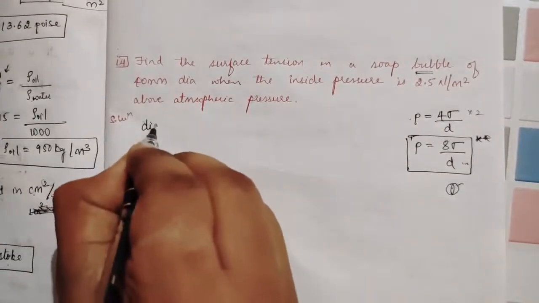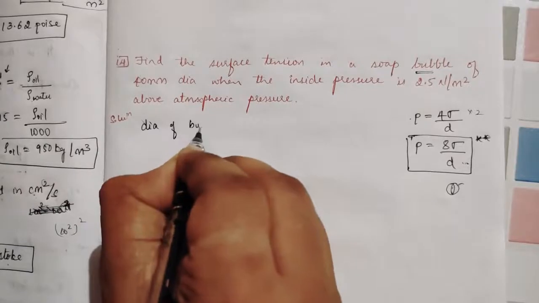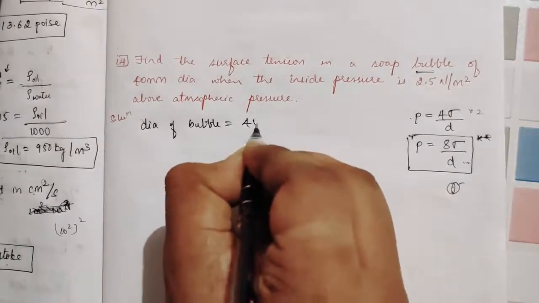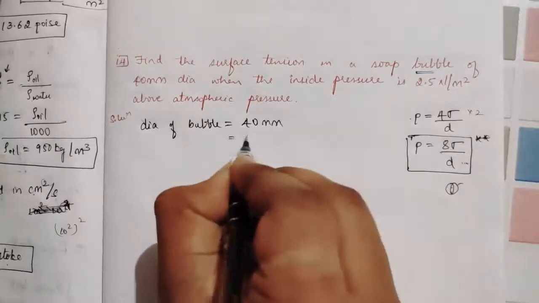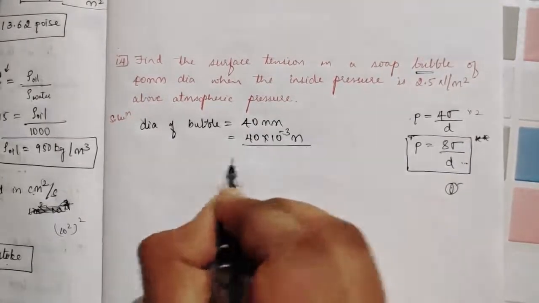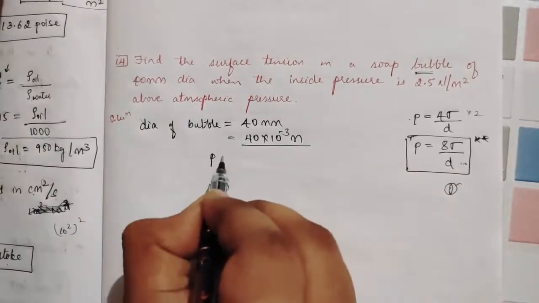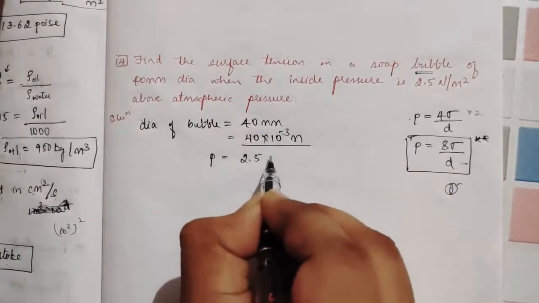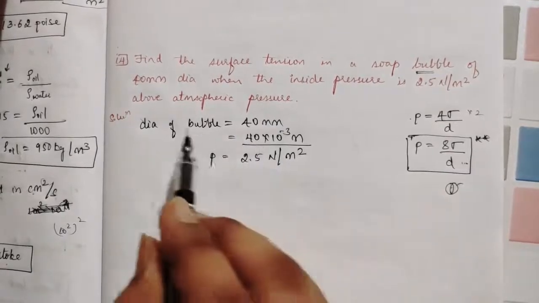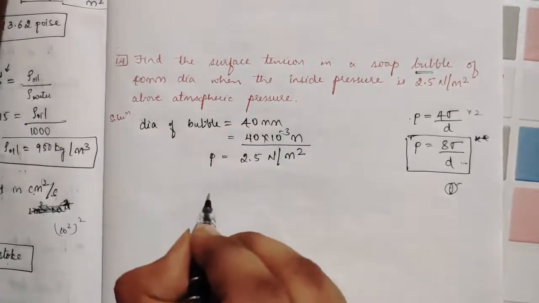Next, diameter of bubble is 40 mm. So you convert it, 10 to the power of minus 3 meter. Then pressure is given, small p, 2.5 Newton per meter square. What we need to find? We need to find the surface tension.